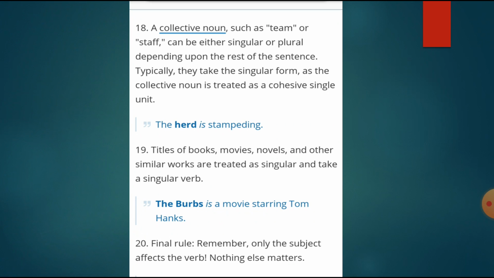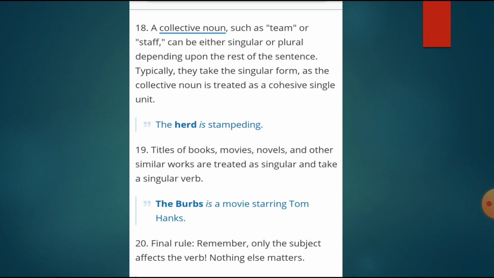19. The titles of books, movies, novels, and other similar works are treated as singular and take a singular verb. The Burbs is a movie starring Tom Hanks. So what?